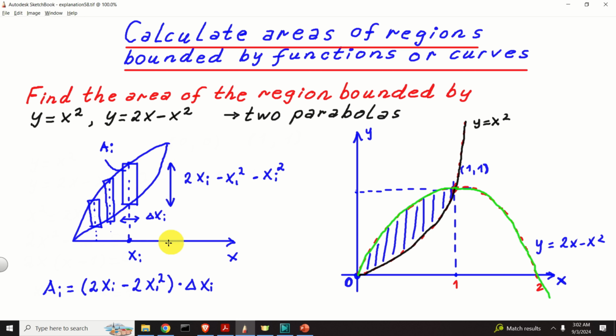Now, when delta xi approaches 0, this whole sum of all these rectangles becomes an integral.